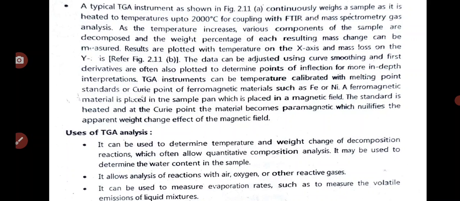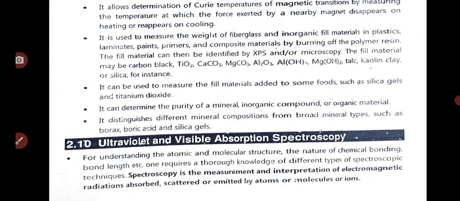First of all, it can be used to determine the temperature and weight change of decomposition reactions, which allows quantitative composition analysis, and it is used to determine the water content in a sample. The second use is the analysis of reactions in the presence of air, oxygen and other reactive gases, and it can be used to measure evaporation rate, such as the volatile emission and liquid mixtures.